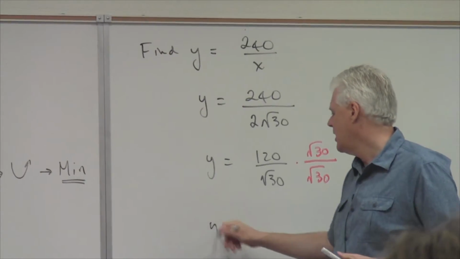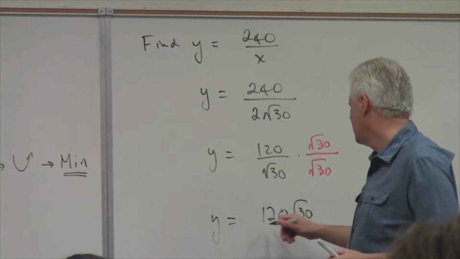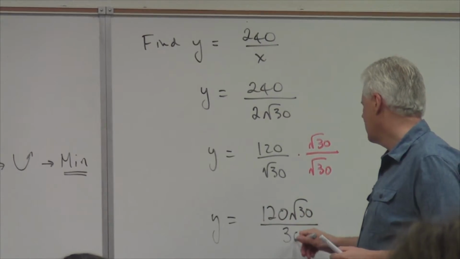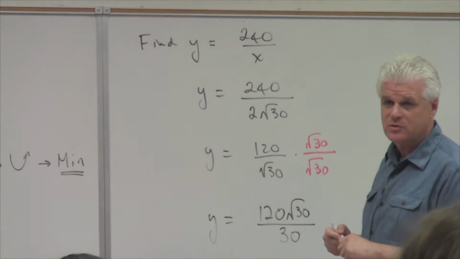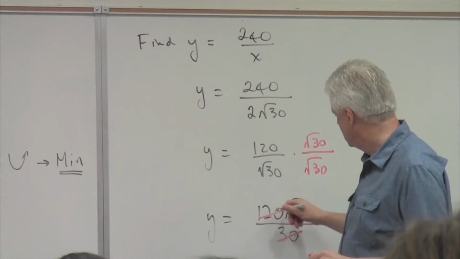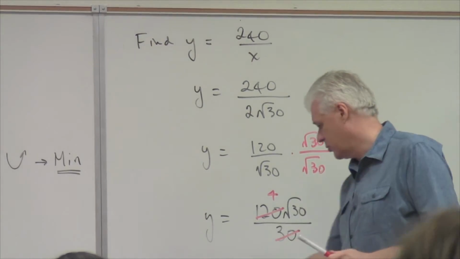And so we get that y is 120 root 30 divided by 30. And then the 30 divides into the 120 4 times. You okay with that? So y is 4 root 30.